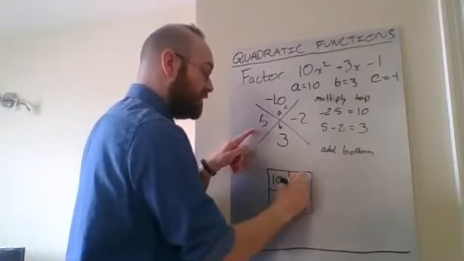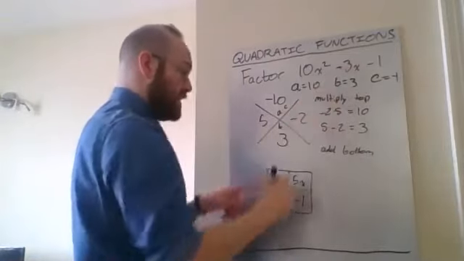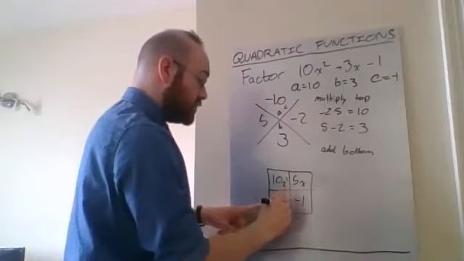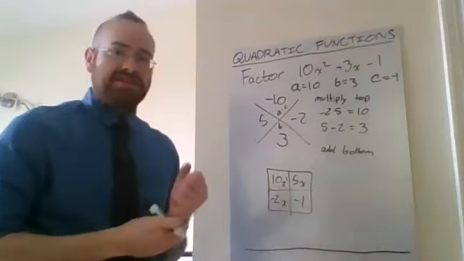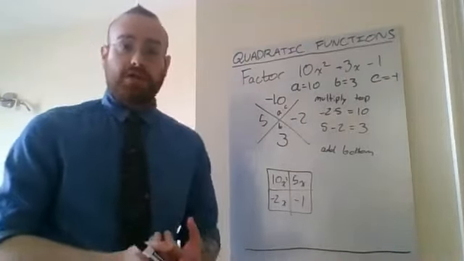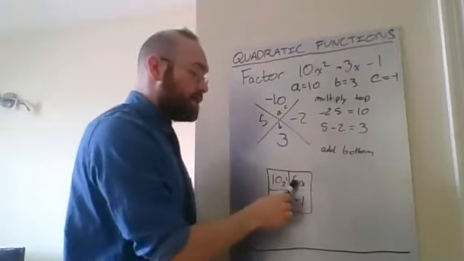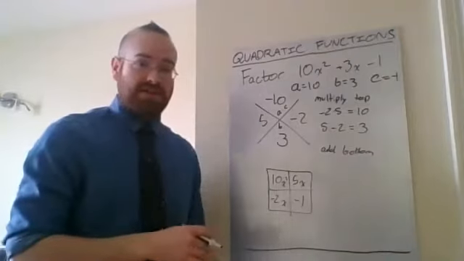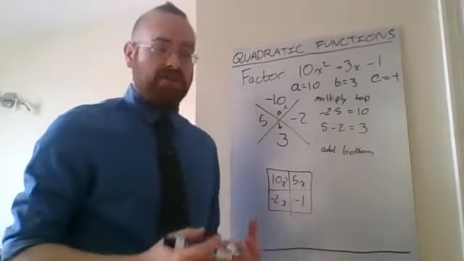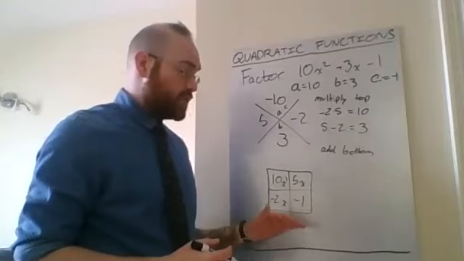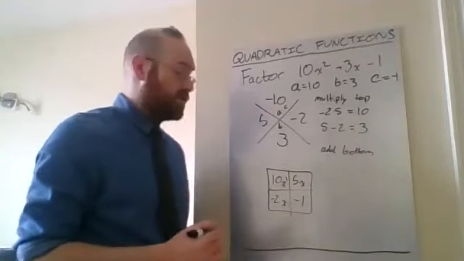So we'll have 5 times x and then -2 times x. In a sense, we are setting up factoring by grouping by splitting apart our middle term into a sum of 5x and -2x. This allows us to factor by grouping, which essentially is what this box is doing for us.